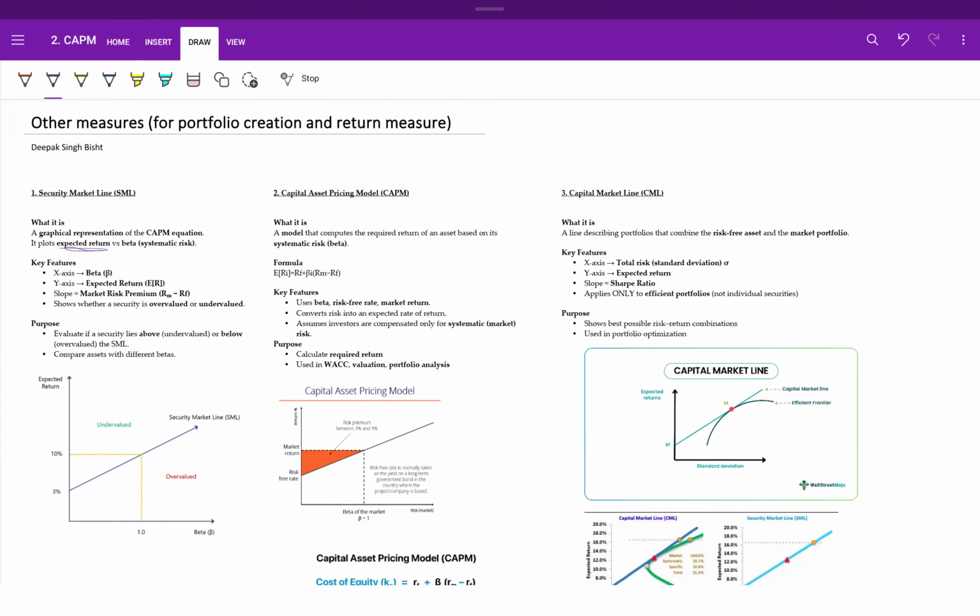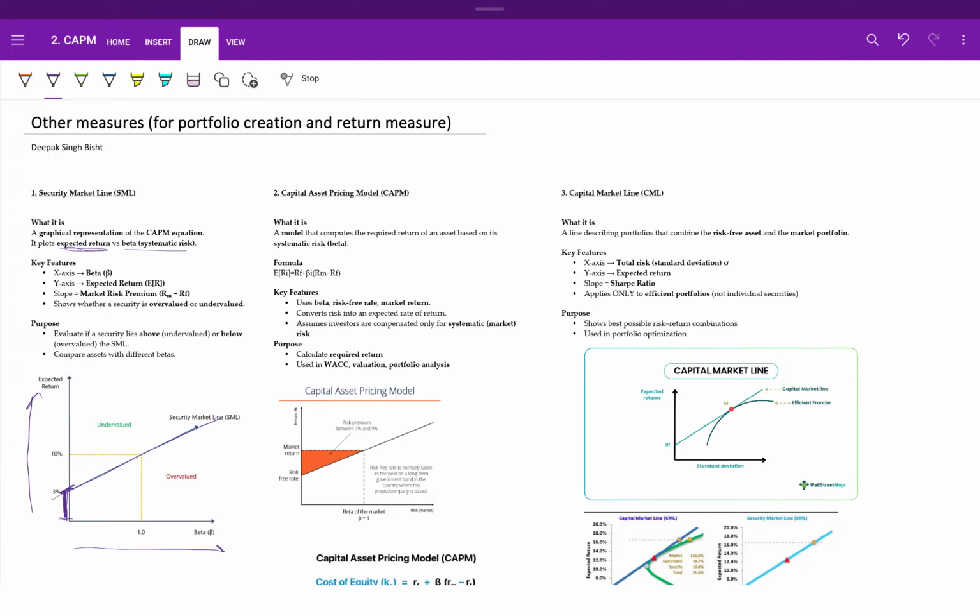So this is the beta and this is the expected return, and this line is the security market line. And see here, it doesn't start from zero. It starts from the three because this much is the risk-free rate.